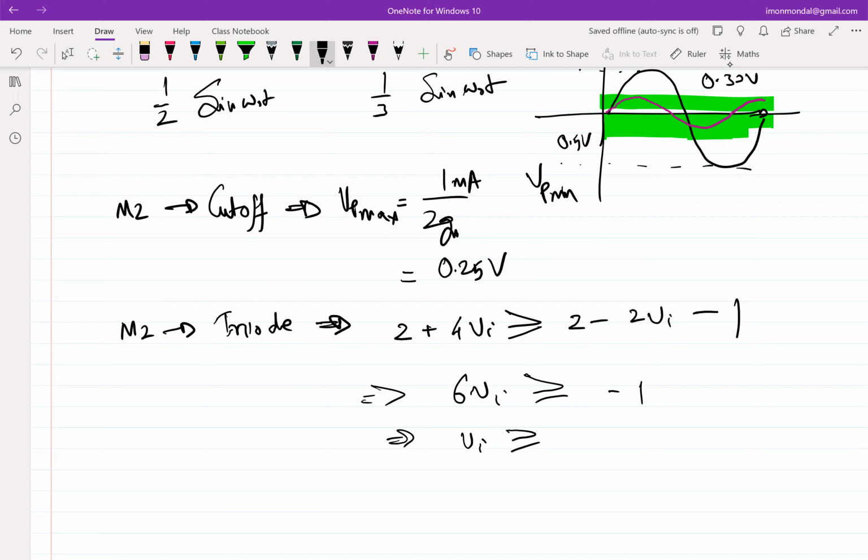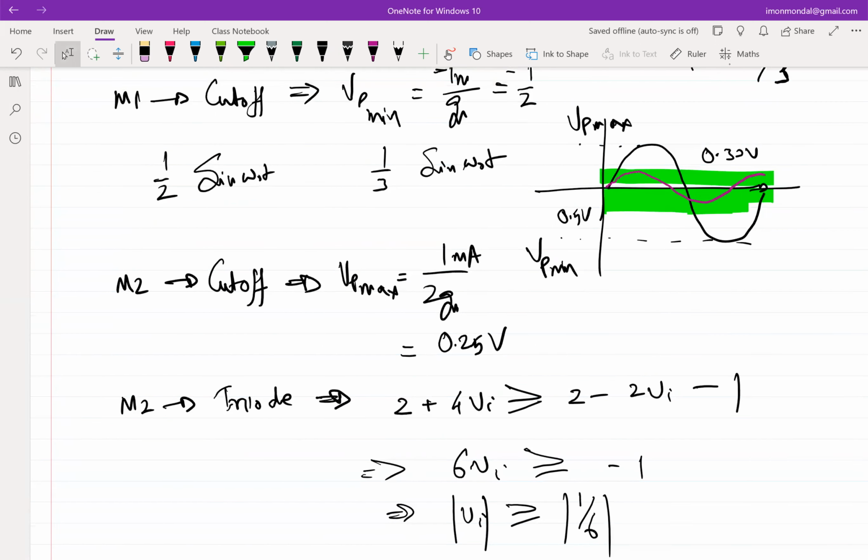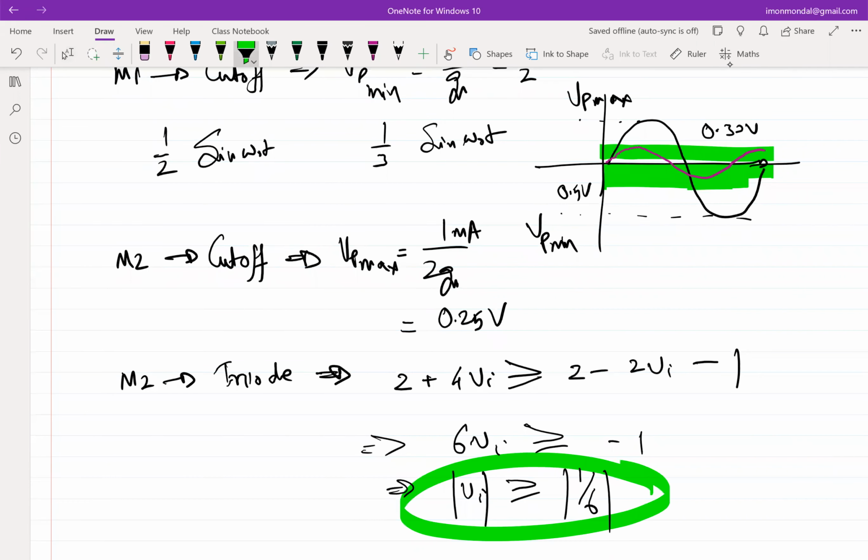Vi should be greater than, if I say mod, because we know which direction we are going, 1/6. Okay. So among all the conditions that we got, this is the minimum. This is setting the bottleneck for your signal swing. Yes.